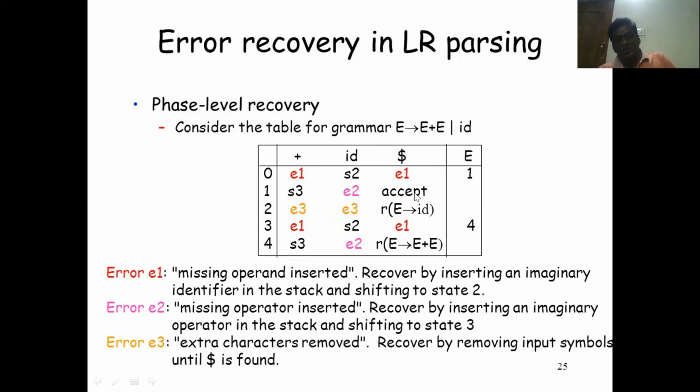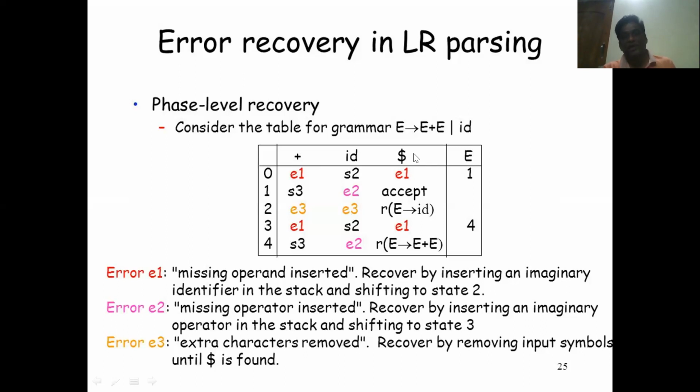And if it sees a dollar, then it is error state 3 and dollar also corresponds to error 1, because on state 3 it is expecting the operand only, so missing operand will be the error. Okay, on state 4, if it sees id, error 2 will be identified. It means missing operator is inserted.